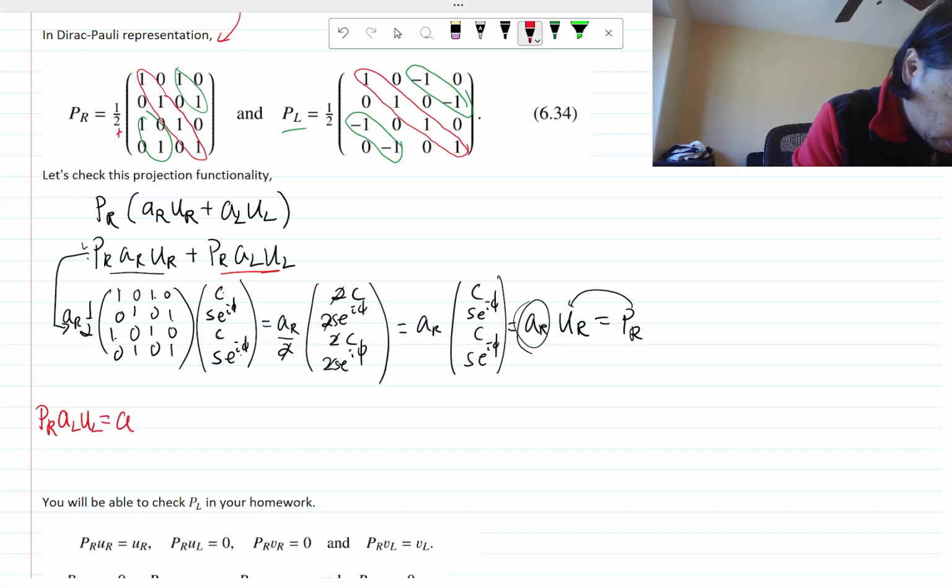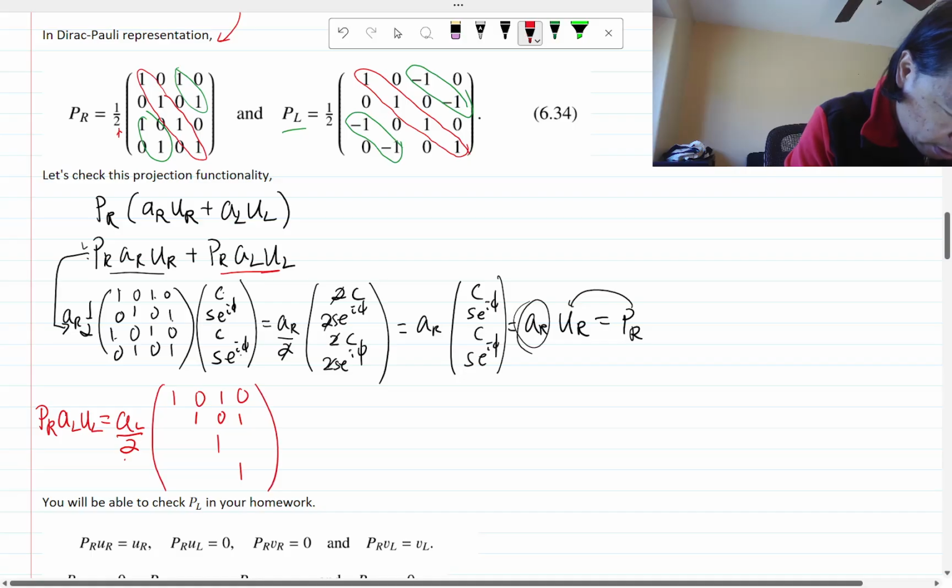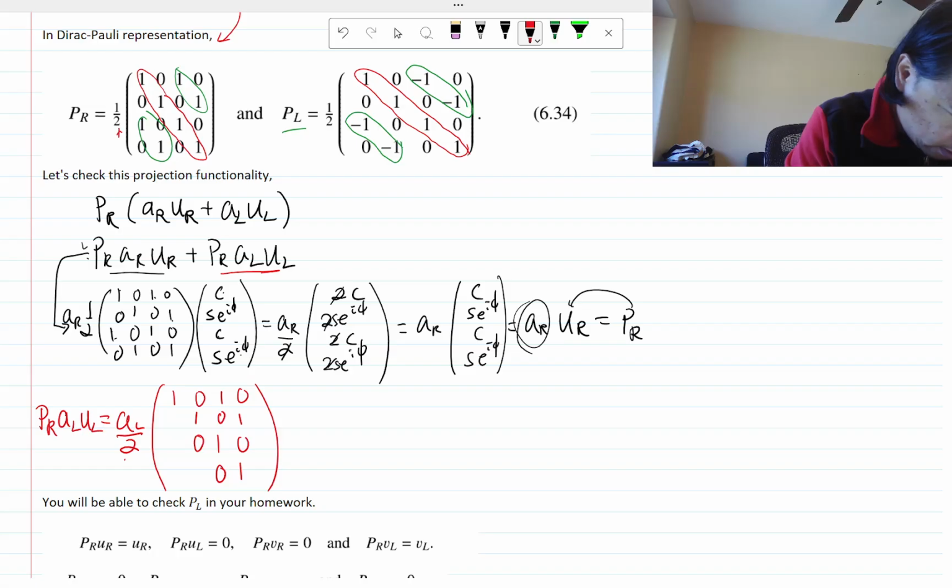The AL just goes in front, and then PR. This time I'm going to remember the 1/2. So it's going to be 1, 1, 1, 1, 0, since it's PR, 1, 0, 1, 0, 0, 0, 0, 1, 1, 0, 0.